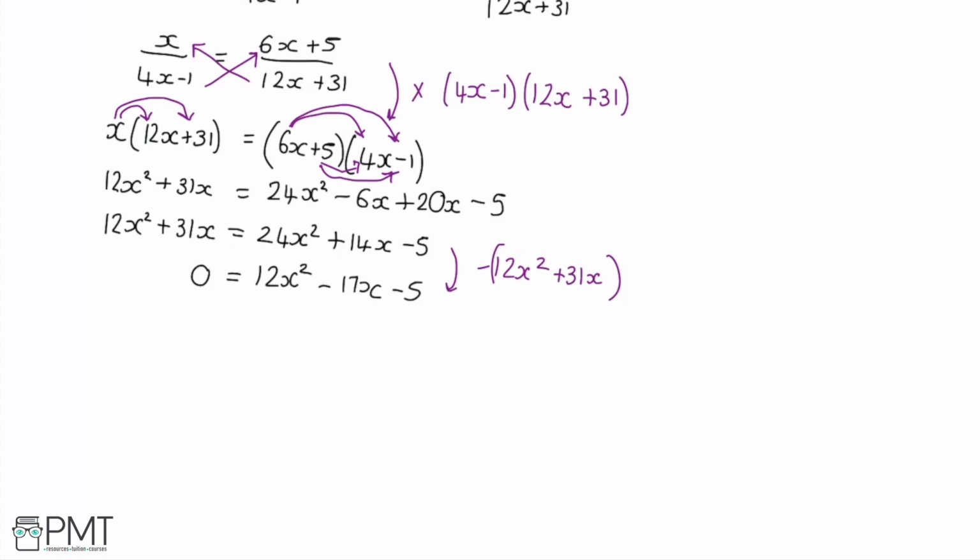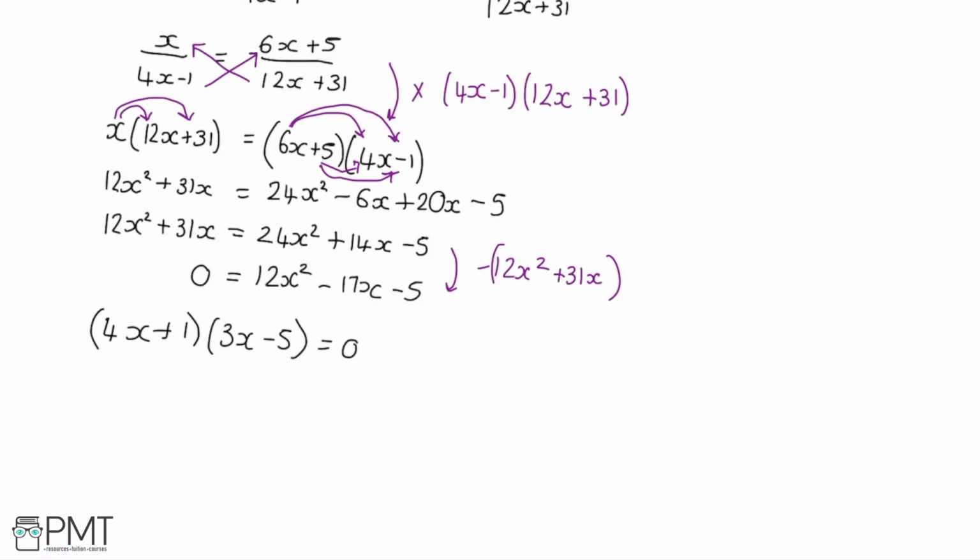So we have this equation equal to 0. And we can now find a way to solve this quadratic equation to find the value of x. Now we can do this in a couple of different ways. You could substitute it into the quadratic formula, or alternatively, you can factorize it. So factorizing this expression, it actually factorizes as 4x plus 1 multiplied by 3x minus 5, and that's equal to 0.